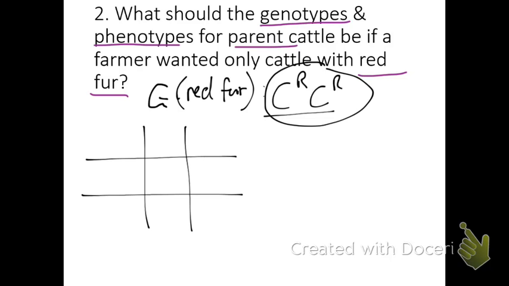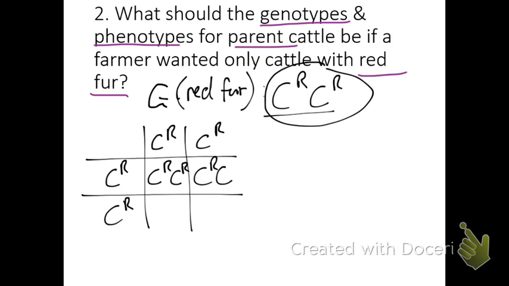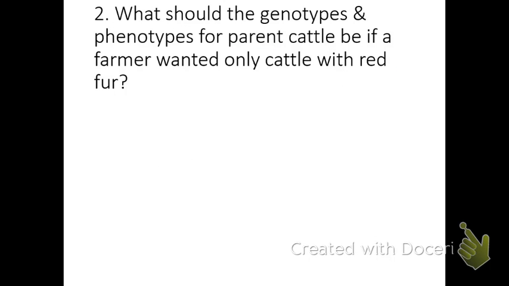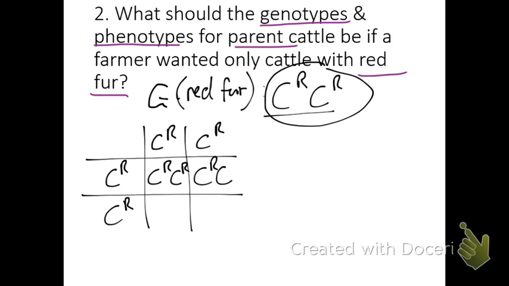So the bull must provide 100% chance of getting a dominant red allele, and the cow, the mother, must also provide 100% chance of giving those red alleles. So really, this is the only option we have.